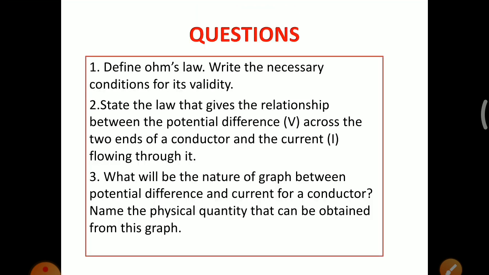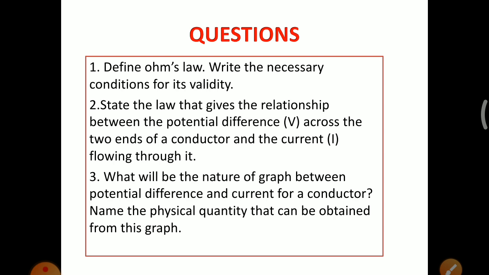Questions for today's homework. Define Ohm's law. Write the necessary condition for its validity. State the law that gives the relationship between the potential difference V across the two ends of a conductor and the current I flowing through it. The third question: what will be the nature of a graph between potential difference and current for a conductor?